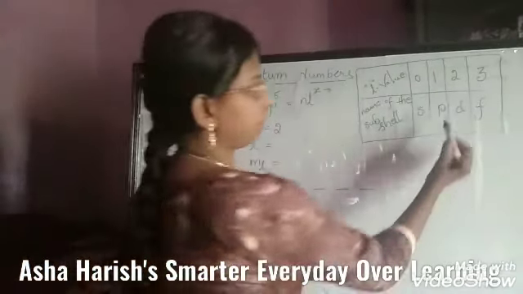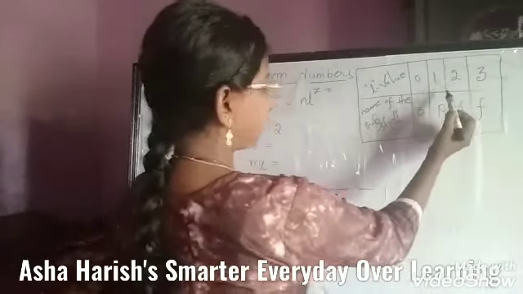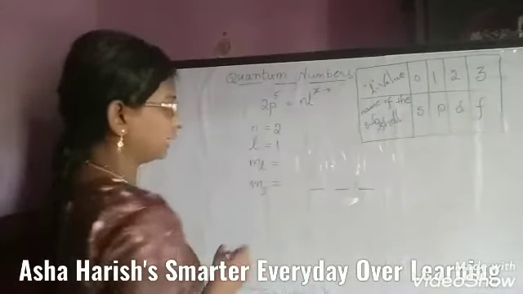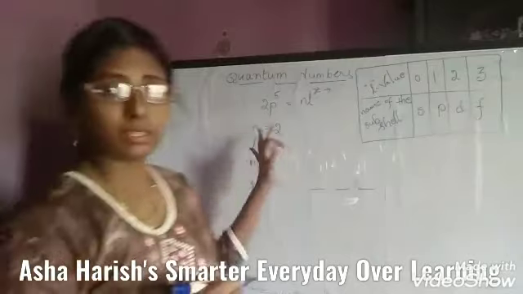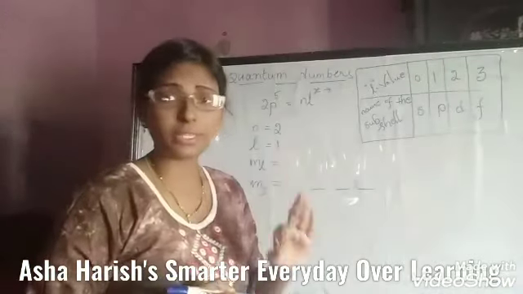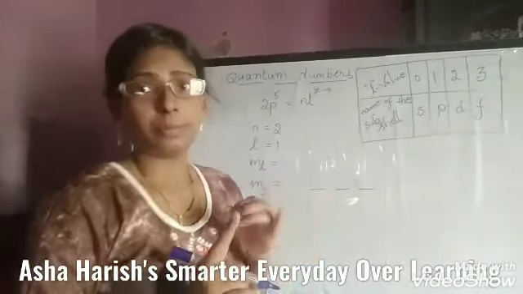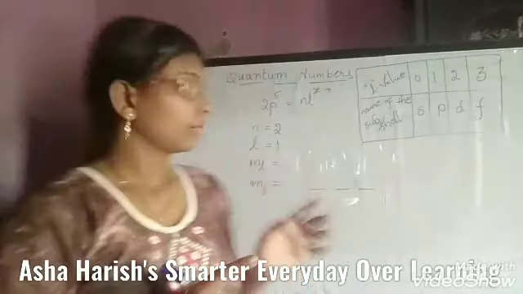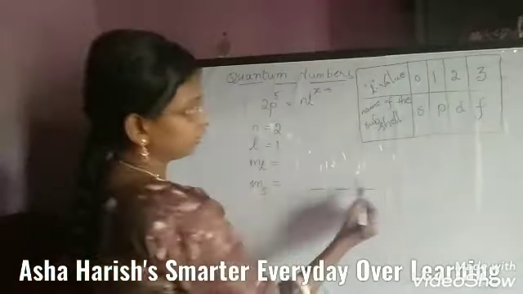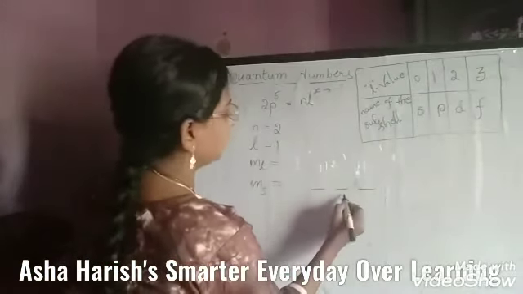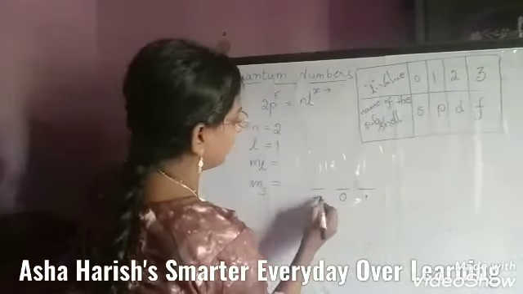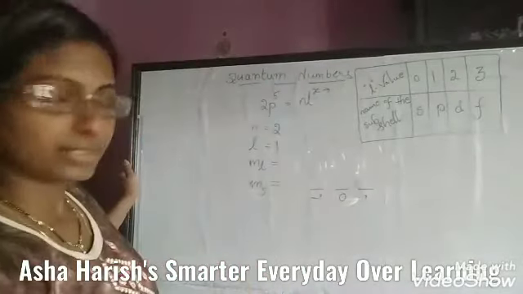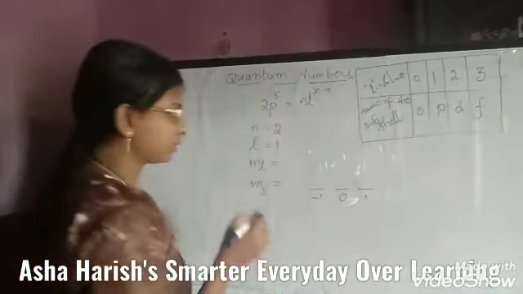For the p subshell, what is the L value, students? 1. And for p subshell there are 3 orbitals. Why? Because p subshell must contain 6 electrons, so there are 3 orbitals: 0, 1, minus 1. These are the integer values we have to take.